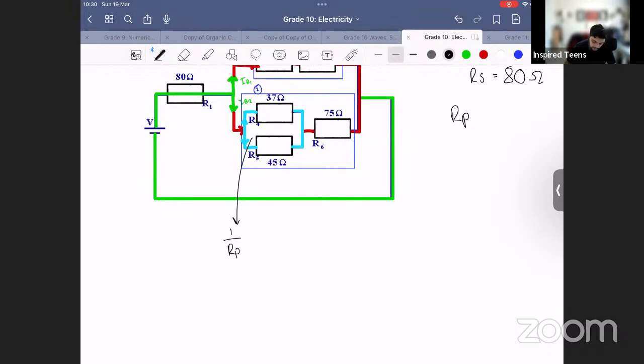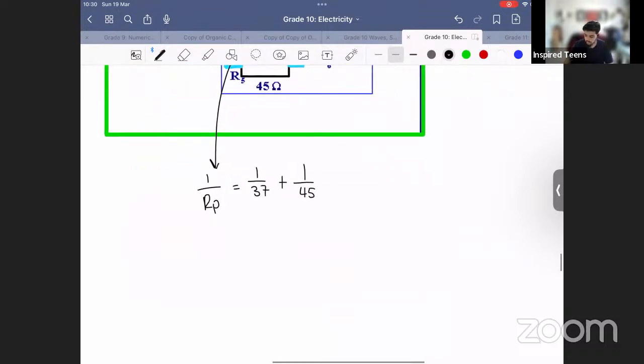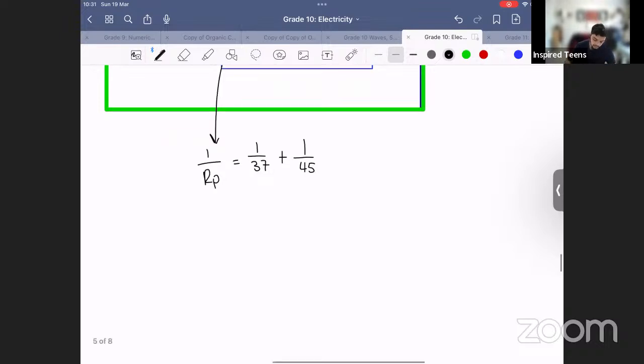So you're going to say 1 over R parallel is equal to 1 over 37 plus 1 over 45. Okay, let's do the calculation.